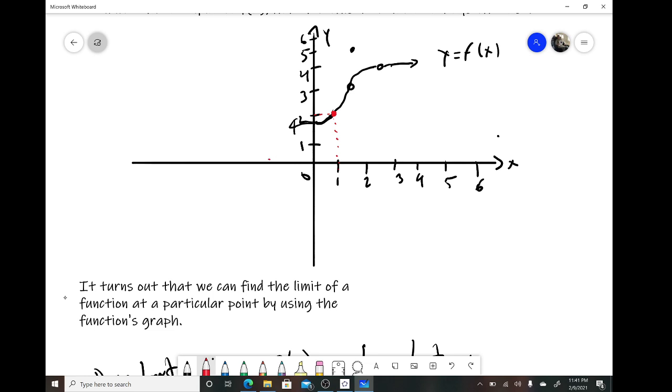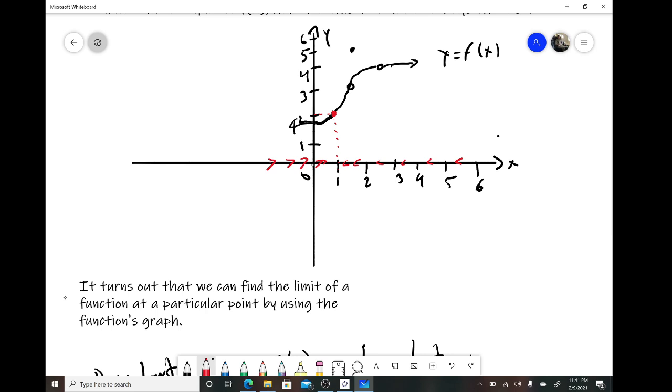We have x values traveling from the right side all the way to 1, and x values traveling from the left side to 1 as well.